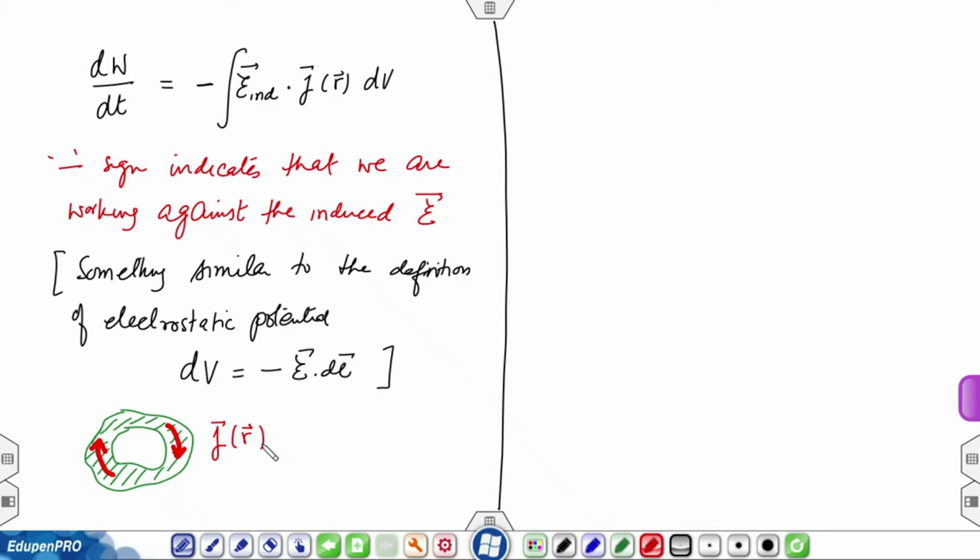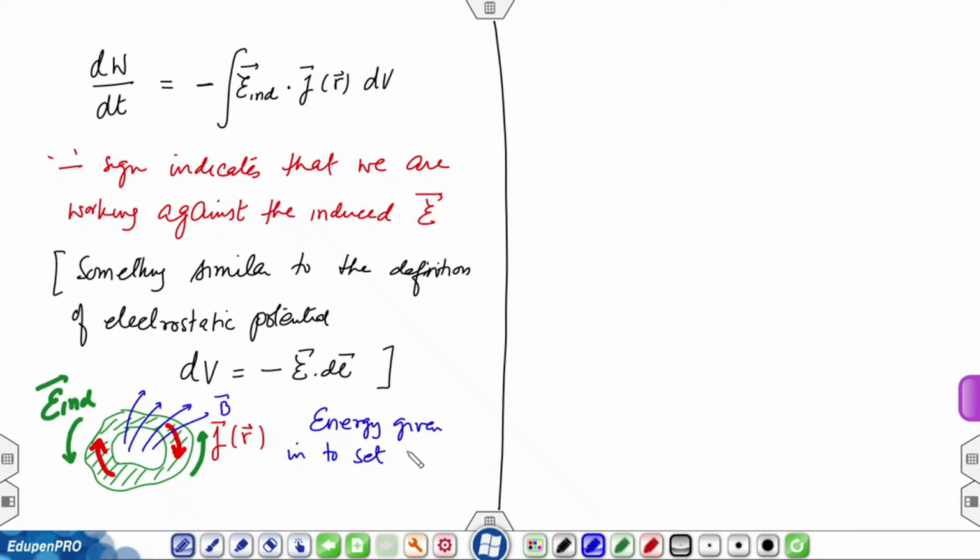And when I set it up, there will be an induced EMF working against the setting up of this current, and therefore, I will have to apply energy from outside, and the setting up of this current produces B. So, the energy given in to set up J gets stored in B field.